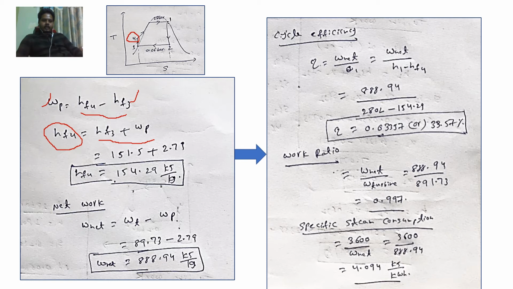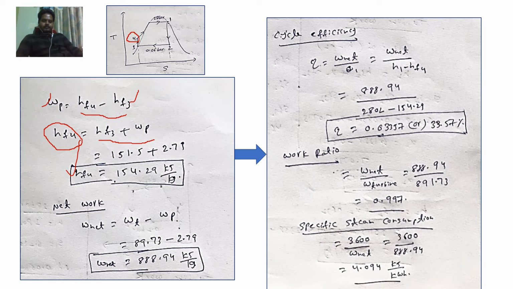Here we know the values of HF3 and the work input to the pump. We just calculated the pump work, and the HF3 value we have taken from the steam table. So once you substitute those values, you will get the enthalpy of the fluid at point 4, that is 154.29 kilojoule per kg.